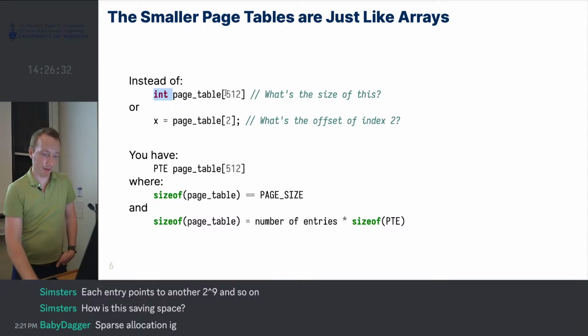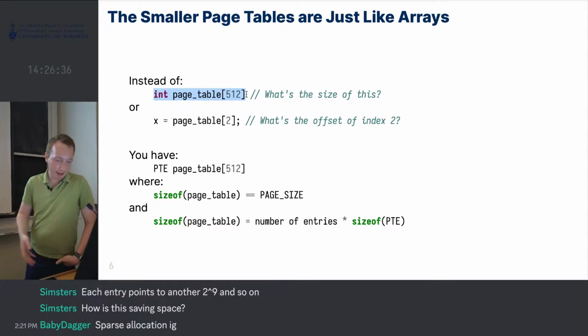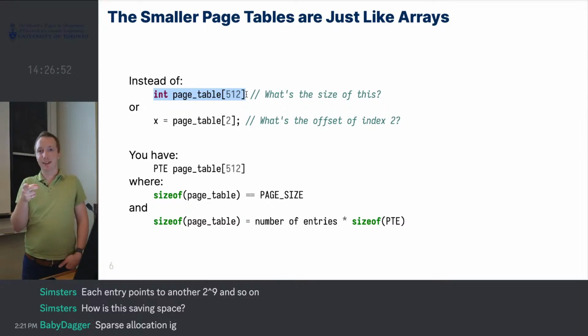So I assume you could do this. If I gave you an integer array of 512 elements, can anyone tell me how big that is in bytes? 512 times 8? 512 bytes? 256?